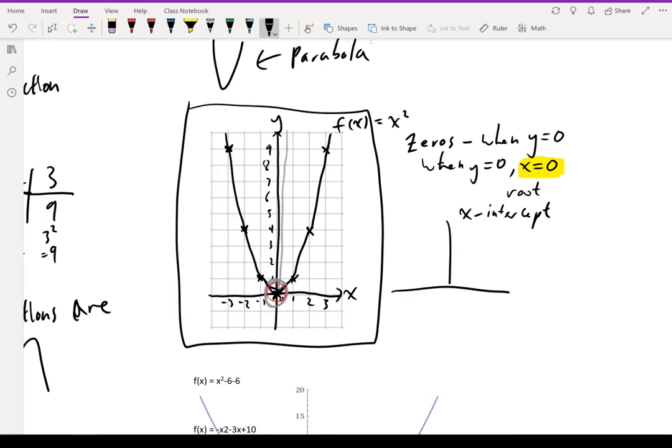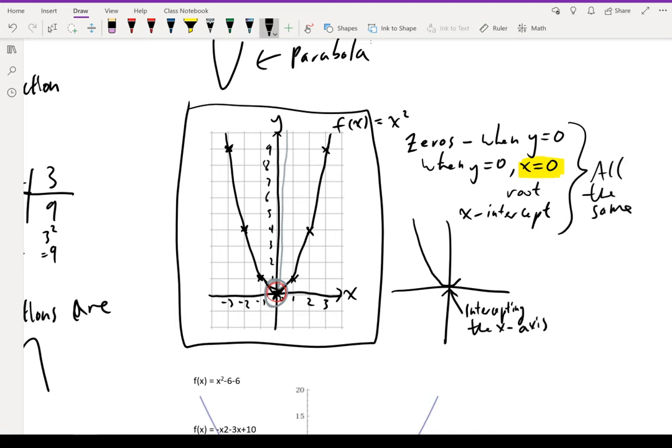So the xy coordinate, if our function is plotting like this, then this right there will be intercepting the x-axis. That's why it's called the x-intercept. So in other words, zeros, roots, and x-intercepts are all the same.